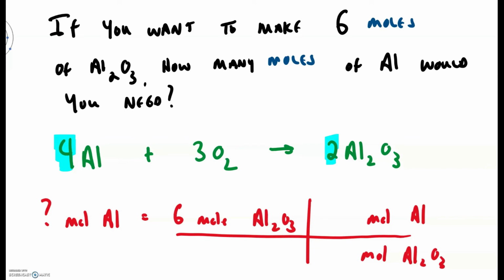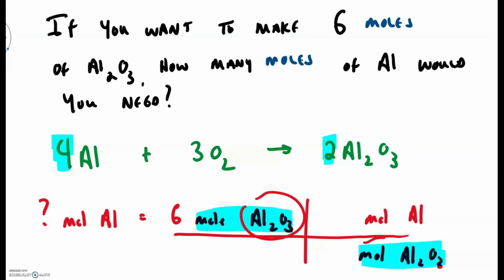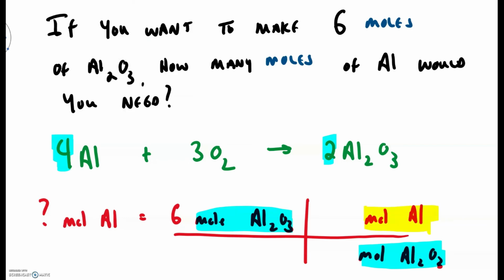I got that right from the balanced equation. We put moles of aluminum oxide on the bottom because that's where we're starting. Notice that this unit here and this unit here are always the same. This unit up here is what we are trying to find, so it goes on the top.